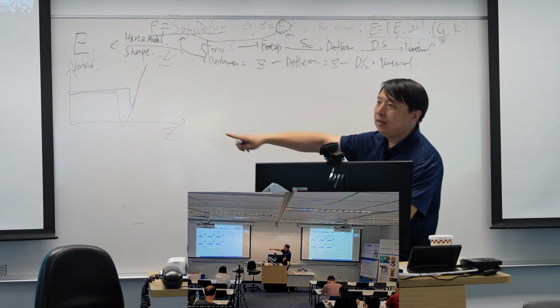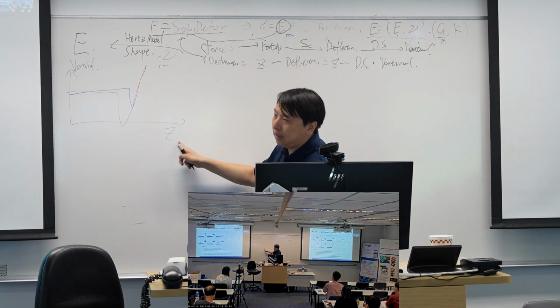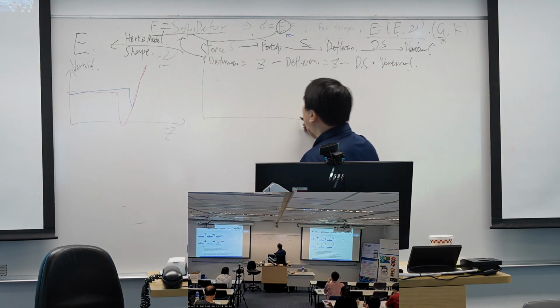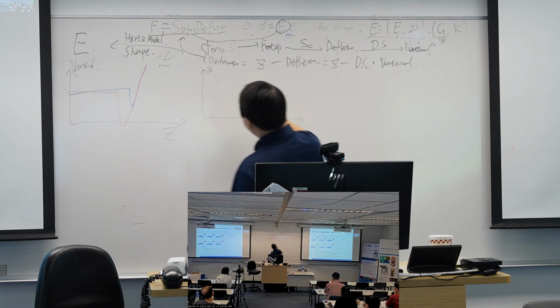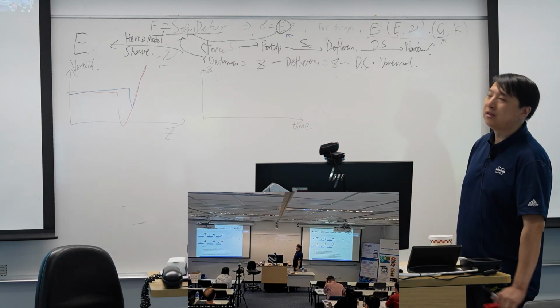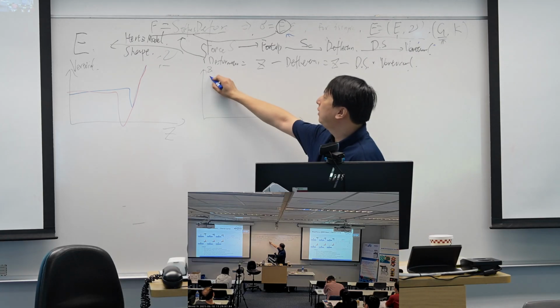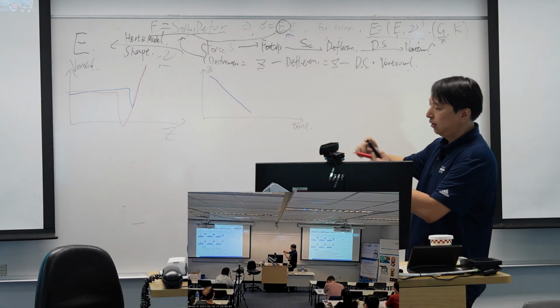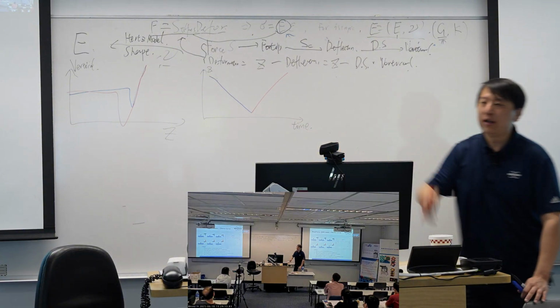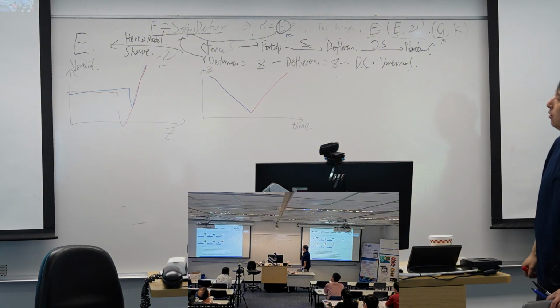But if we take a look at z against time carefully, our curve should be something like this. I'm traveling down, I'm traveling up. Okay, that's my curve.